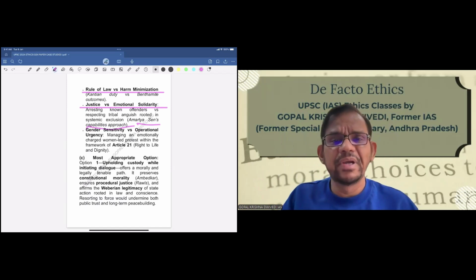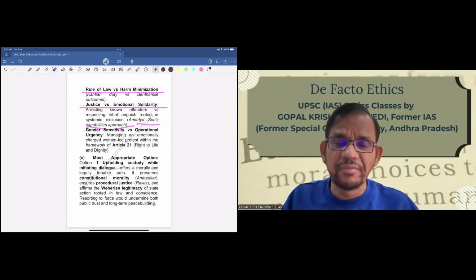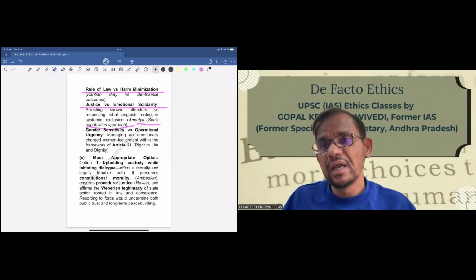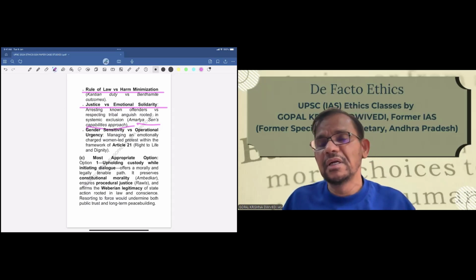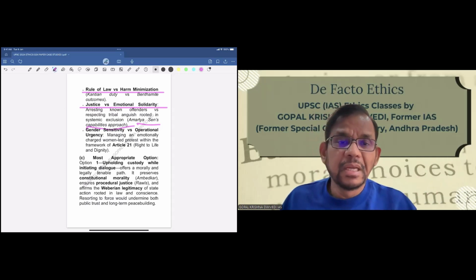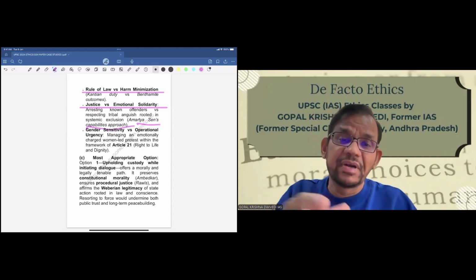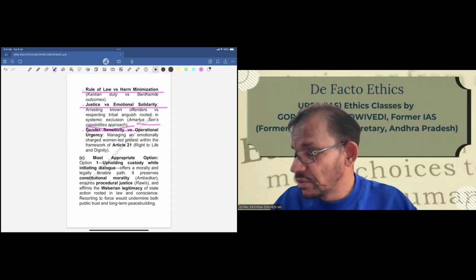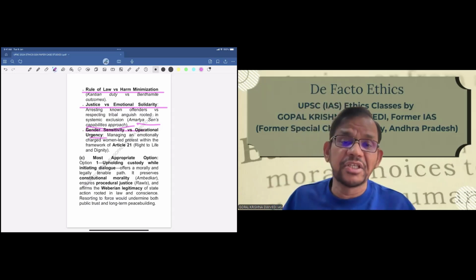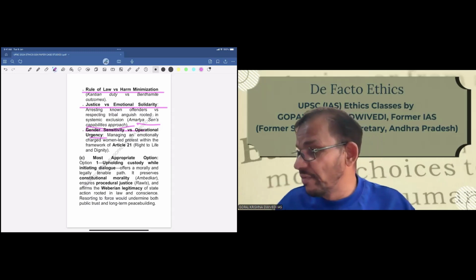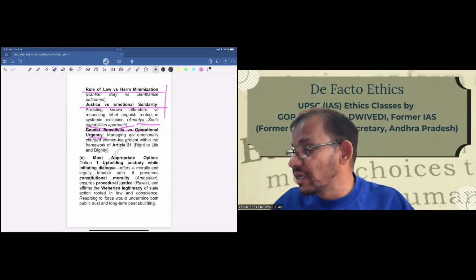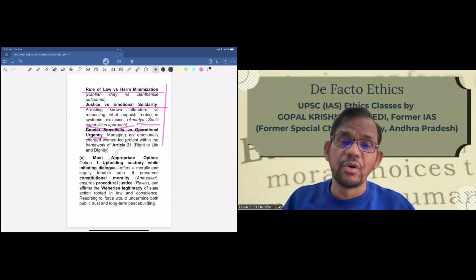Because of poverty, unemployment, and exclusion from society, they have become Naxal sympathizers, because in various cases, they may be helping them. Then third is gender sensitivity versus operational urgency: managing an emotionally charged women-led protest within the framework of Article 21. Now this is again very important. So all these ethical dilemmas are being faced by Rohit.